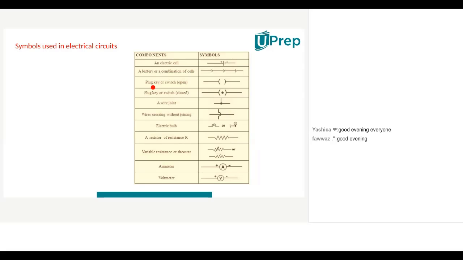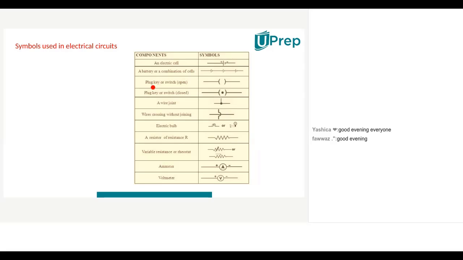So you know how an electric cell is represented in a circuit diagram, because all the time you may not be able to draw a battery as it is. So we go for a symbol for our convenience. And then a group of cells is called a battery. So you can see 3 cells are shown connected, which represents a battery.